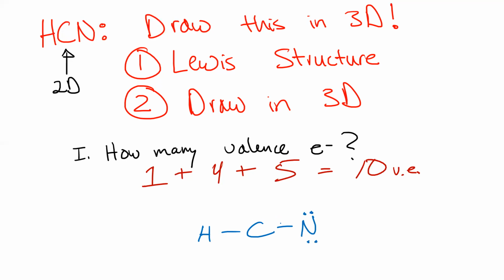So we've got 2, 4, 5, 6, 7, 8, and then 9, 10 valence electrons like that. This is one way of doing it. You start out by putting the valence electrons on the atom that is the most electronegative. Are you familiar with the term electronegativity? Yes. Okay, perfect.